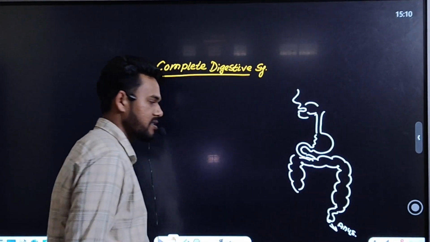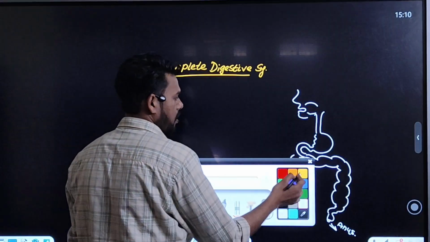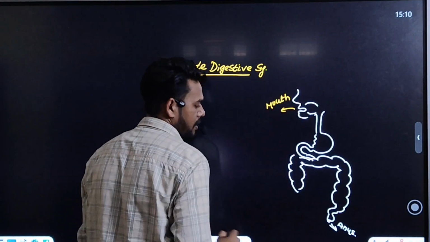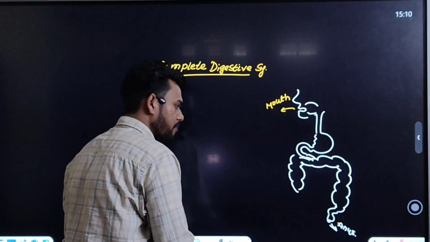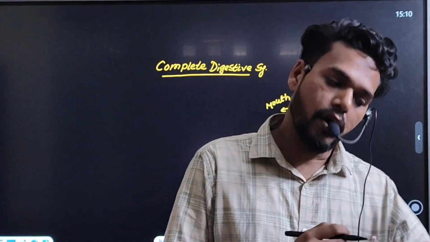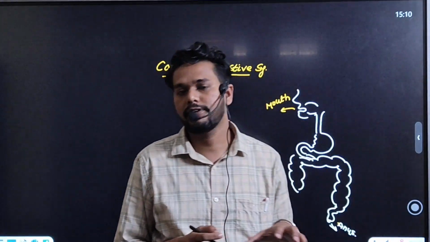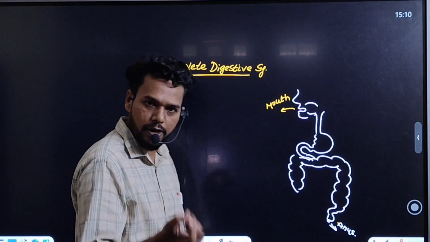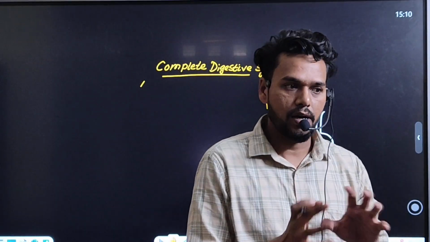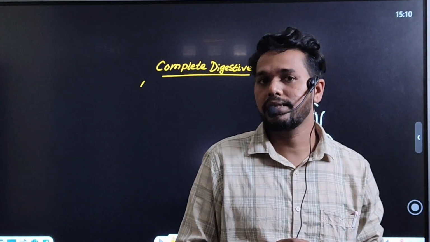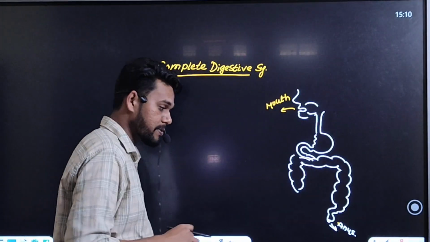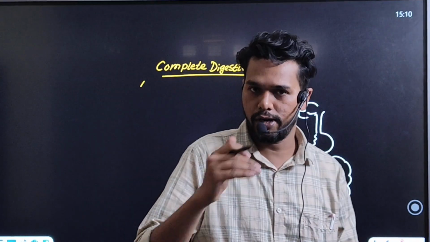Such a digestive system which has two openings, the mouth and the anus, is called a complete digestive system. In lower invertebrates, like poriferans and coelenterates, there is an incomplete digestive system with only one opening. The complete type is present in almost all chordates.